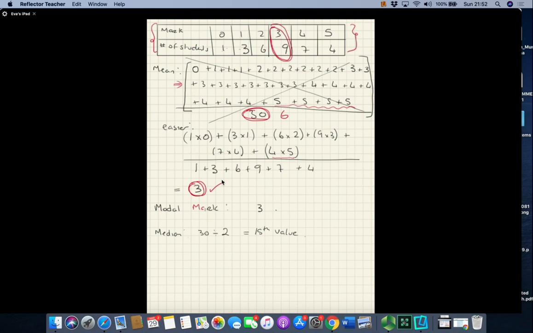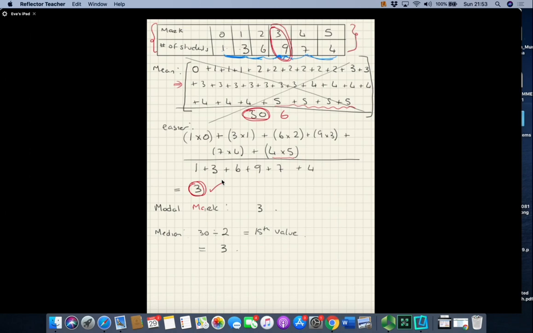Well, 1 plus 3, I'm up here at the table, is 4, plus 6 is 10, so the 15th value brings me in here. And if I come the other way, 4 and 7 is 11, and the 15th value will lie in here. So therefore you know then that the median is also 3.